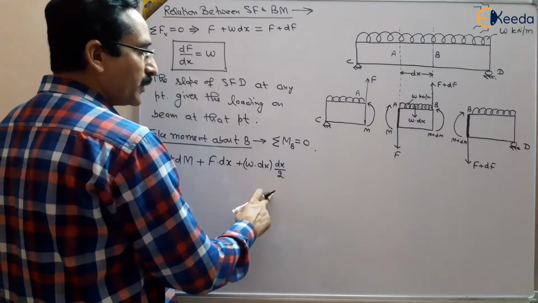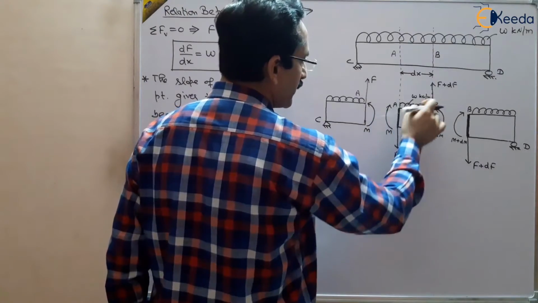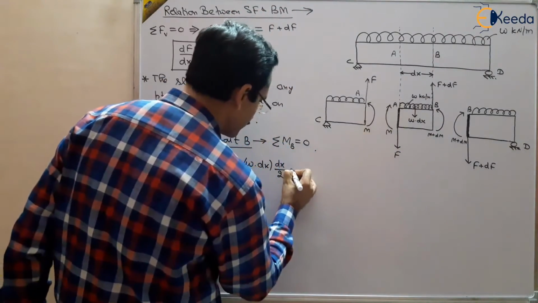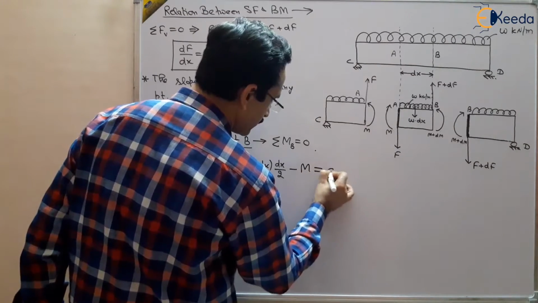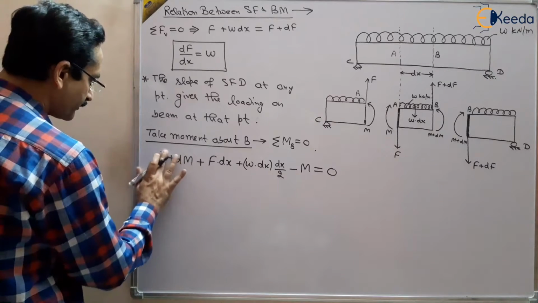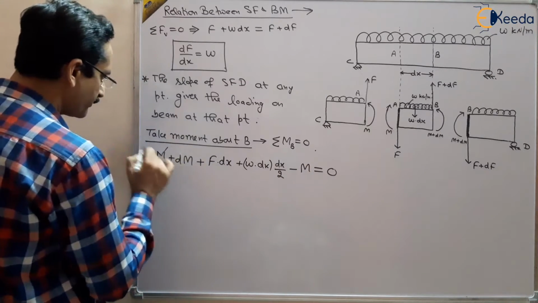And what is remaining is this capital M acting at A, which is clockwise, and since we take anti-clockwise as positive, it is negative, so minus M, and the sum should be equal to 0, right? So this M and this M will cancel out.